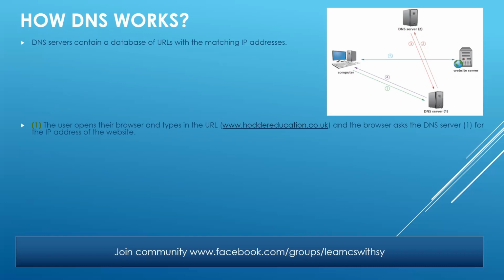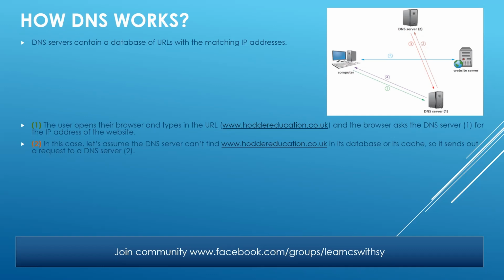What happens? If you have opened the web browser and typed in the URL, the browser will ask DNS server 1 for the equivalent IP. Now, assume that DNS server 1 does not contain the IP address of the required URL. So what will it do? It will send a request to DNS server 2.